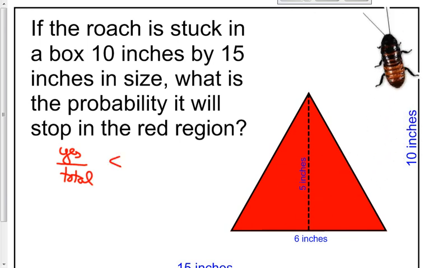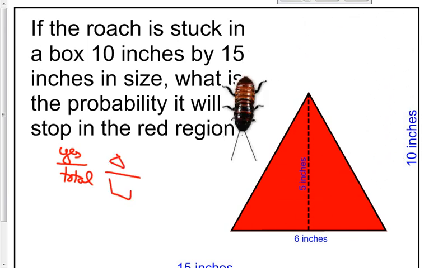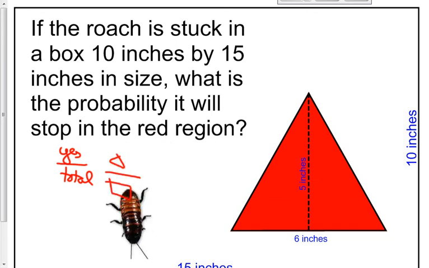My yes region is the triangle. My total is the outside box. I need to know the area of each of these.